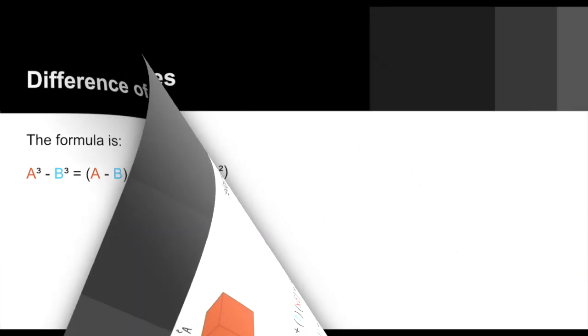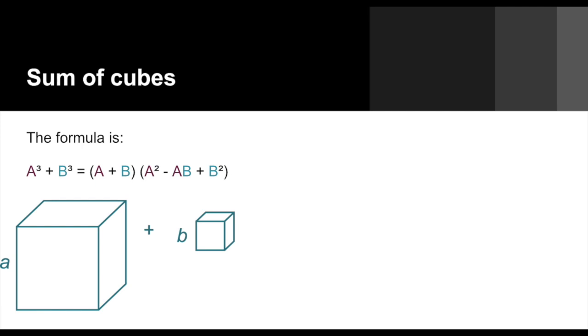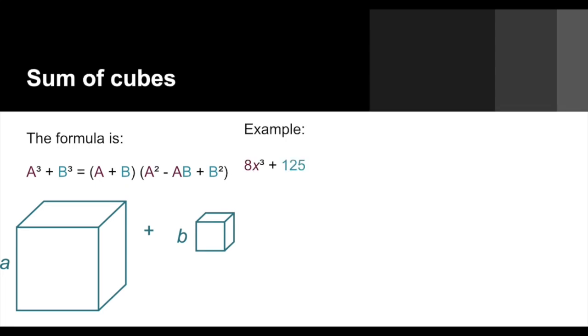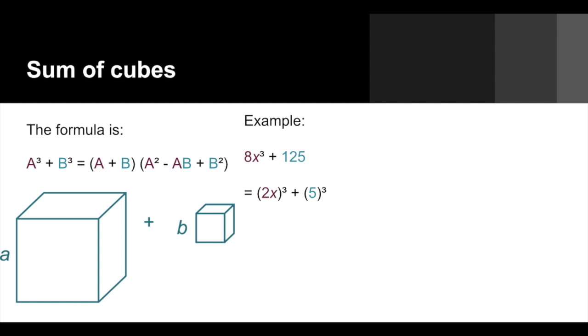The sum of cubes formula is a cubed plus b cubed equals a plus b times a squared minus ab plus b squared. An equation when you use sum of cubes is 8x cubed plus 125. You then factor the equation to equal 2x cubed plus 5 cubed.